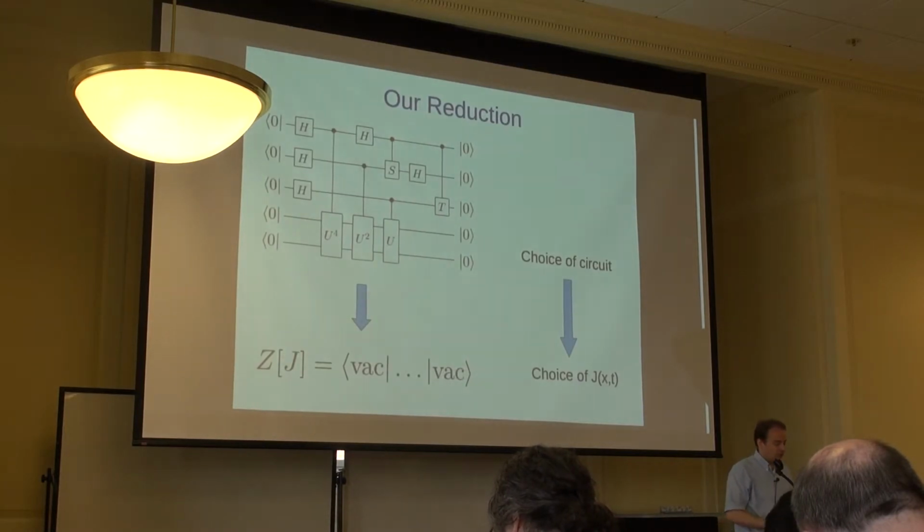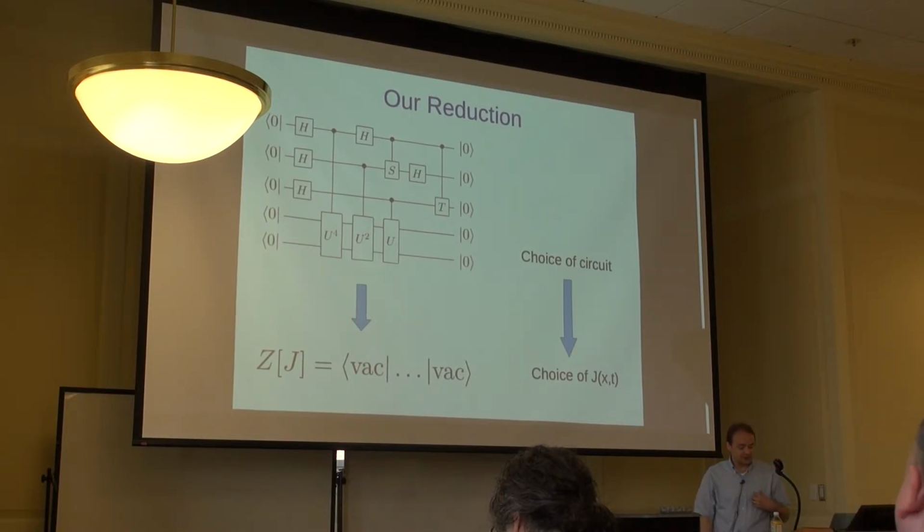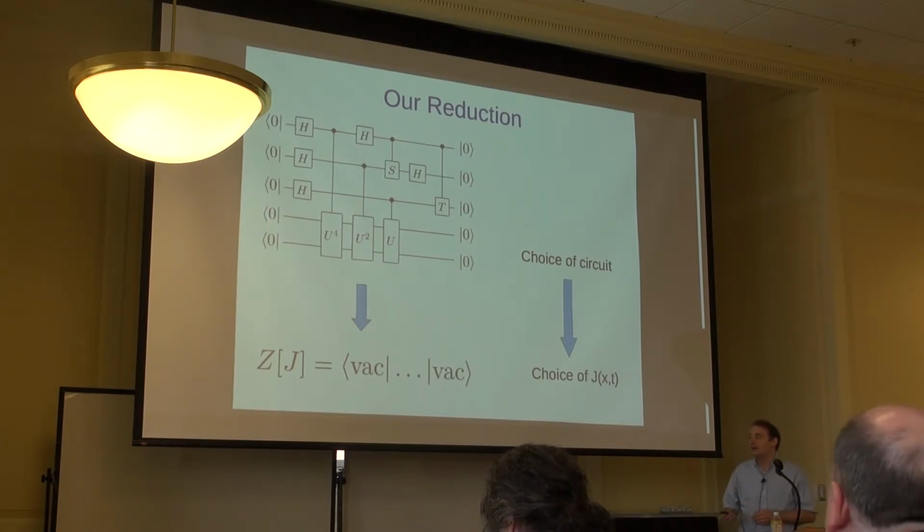And so what we're going to show is that for a sufficiently general choice of this external field, this driving function J as a function of space-time, computing this partition function, this vacuum-to-vacuum scattering amplitude, is as hard as simulating a quantum computer.